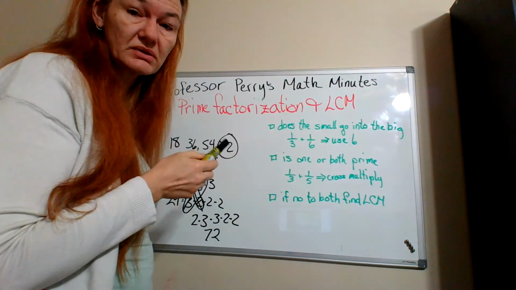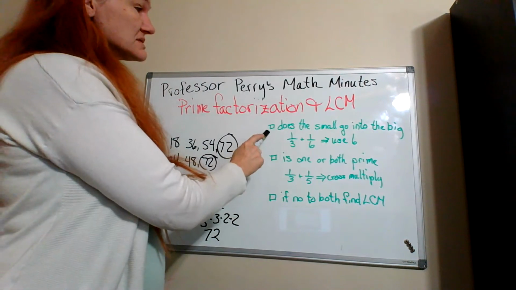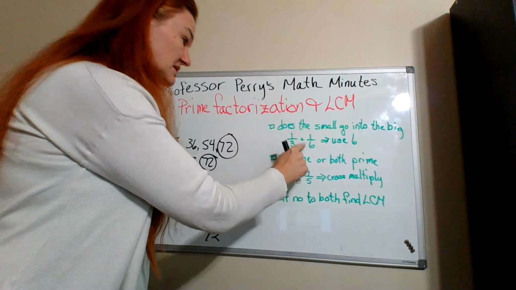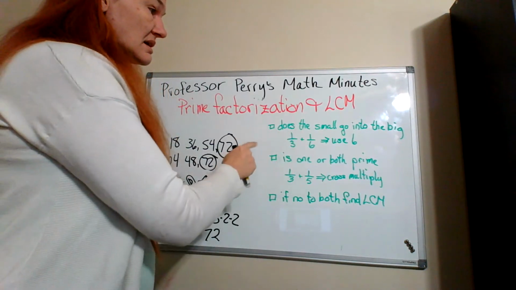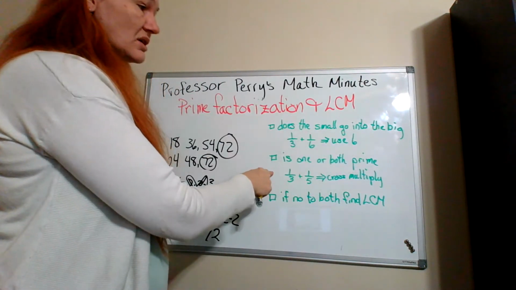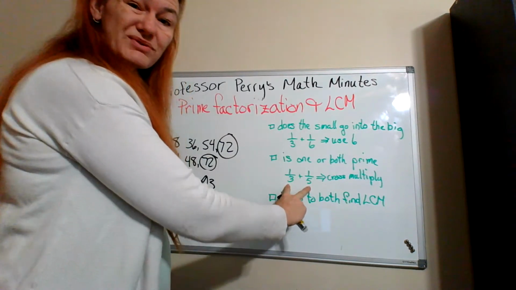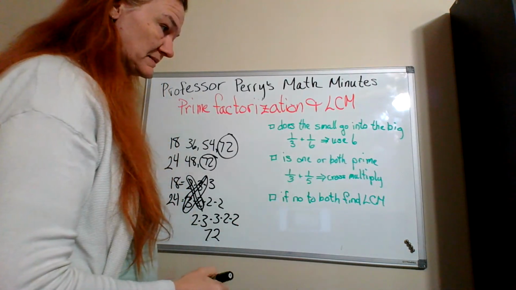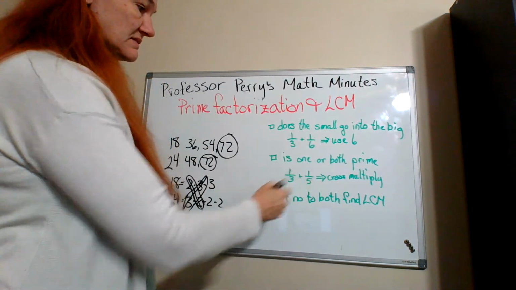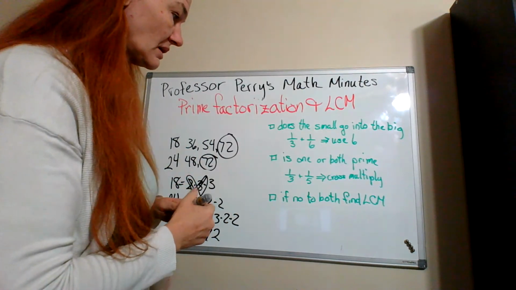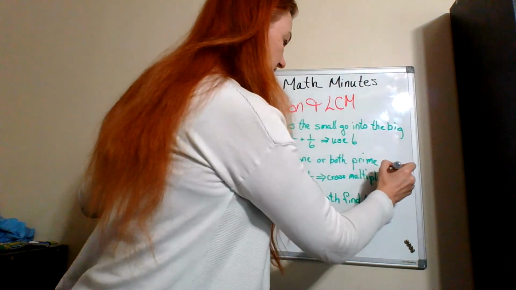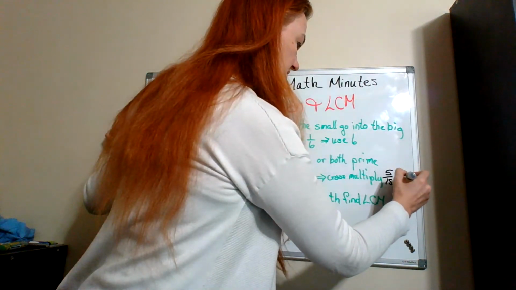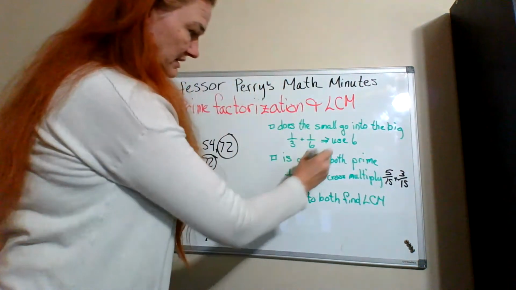This is my personal, this is what I do every time. First, I look, see if the small number goes into the big number. If it does, use the big number. If that's no, I look, is one or both of them prime? Because if they're prime, you're going to have to cross multiply, which in this case would give us 5/15 plus 3/15, because I multiply across this way.